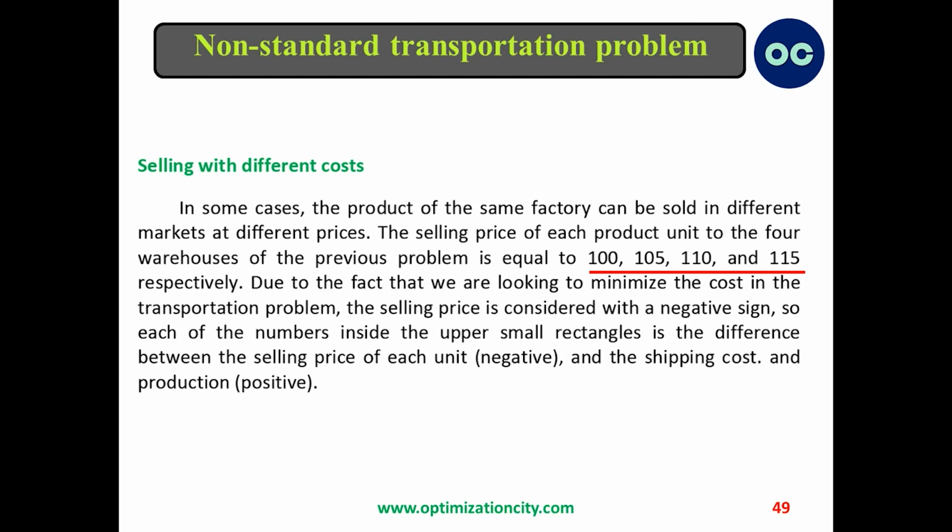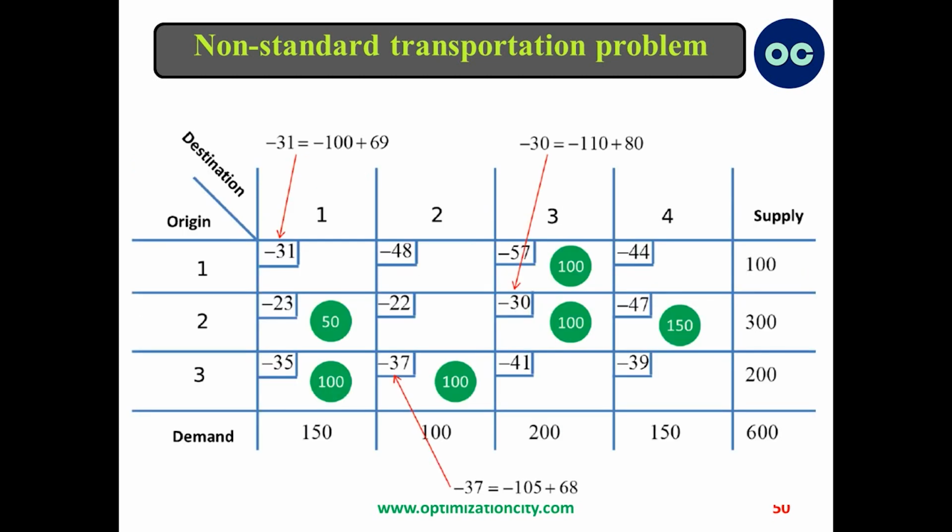In the objective function here, this is the selling price at destination 1, this is the selling price at warehouse 2, and this is the selling price at warehouse 3.